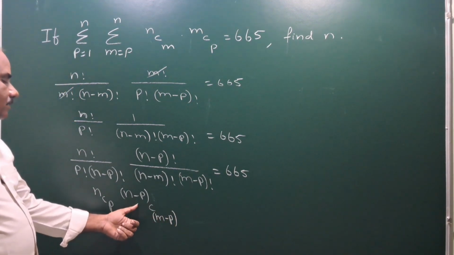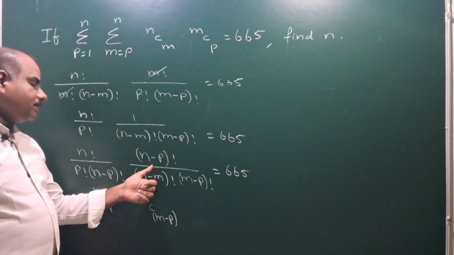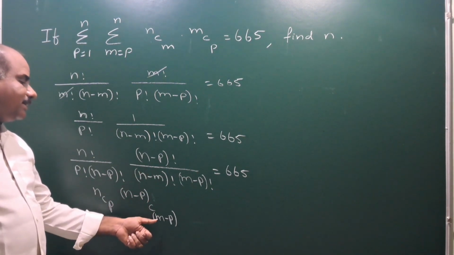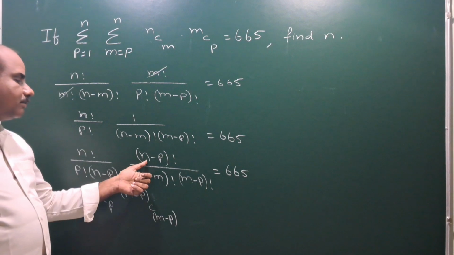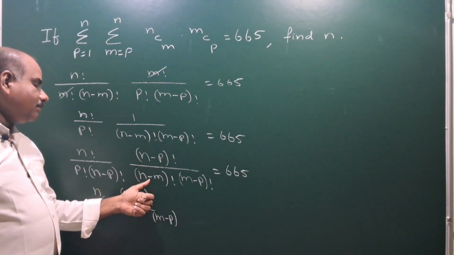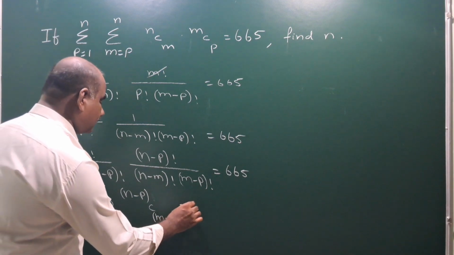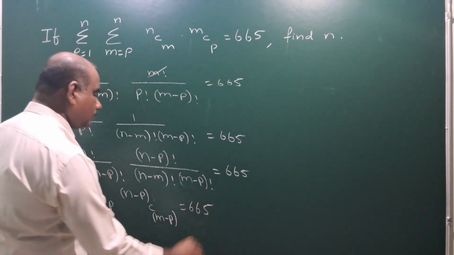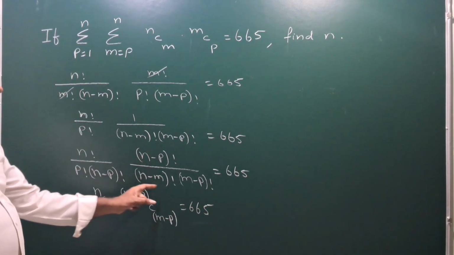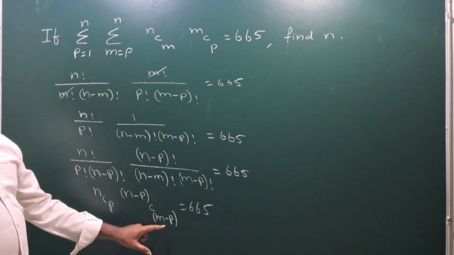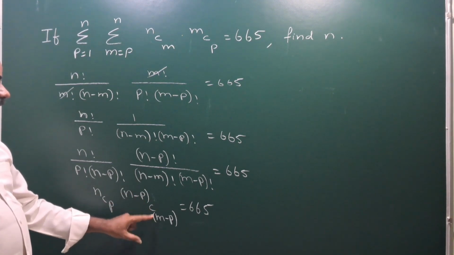If we expand this, we get n minus p factorial by n minus m factorial into m minus p factorial, and this is equal to 665. So this is all equal to n minus p C m minus p, applying the nCr formula.